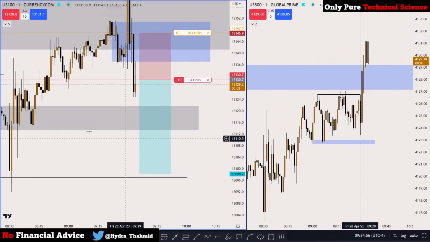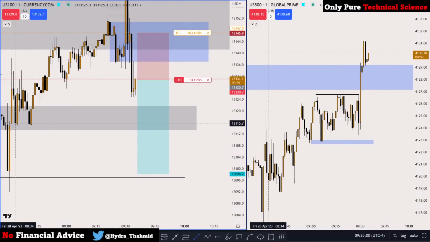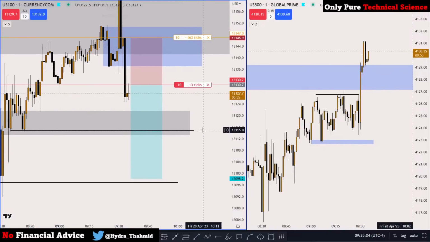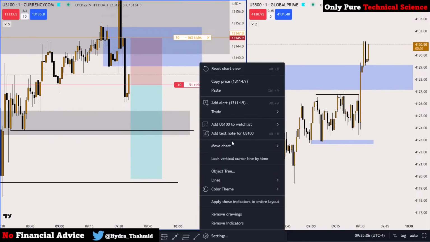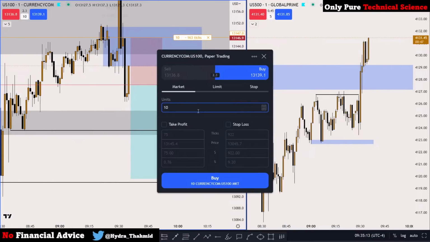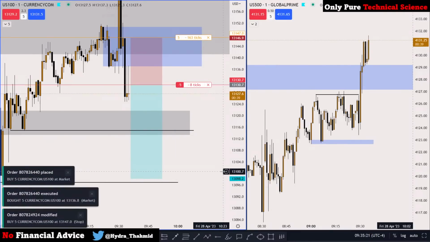A partial will be below this low. I think this fair value gap will fail, so a partial will be down here. I have 10 contracts. I will take off 4 here. So trade, create a new 5. Let's see, 5. What happened?